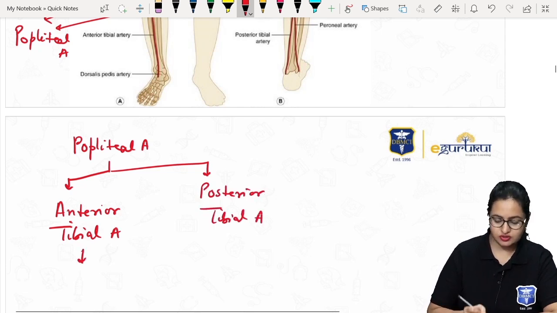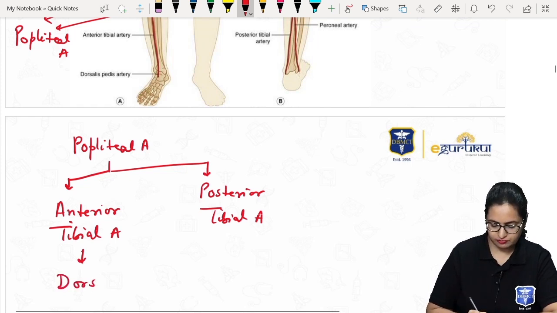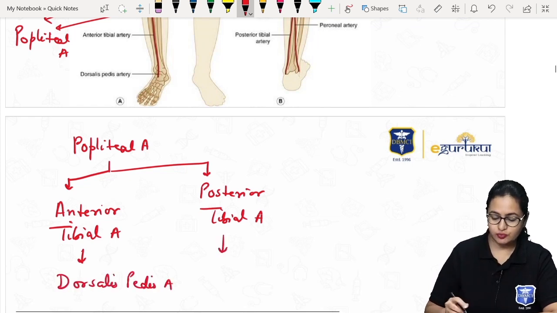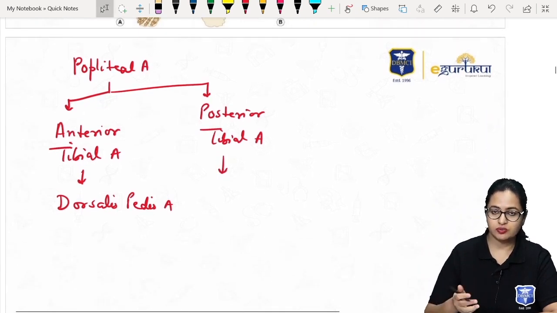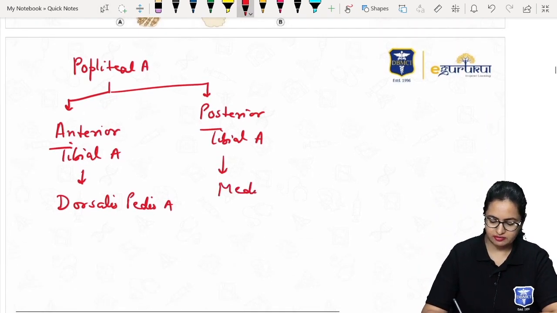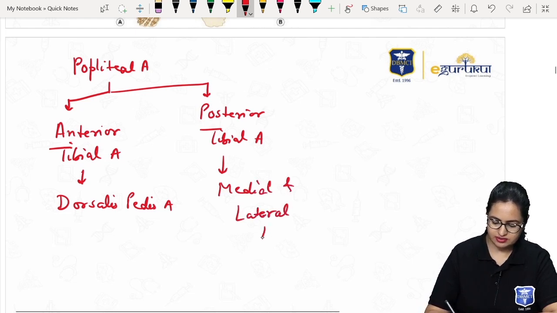The anterior tibial artery continues at the dorsum of foot as dorsalis pedis artery, and the posterior tibial artery continues towards the sole, and over there it forms the medial and the lateral plantar arteries.